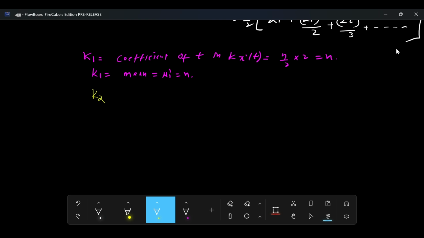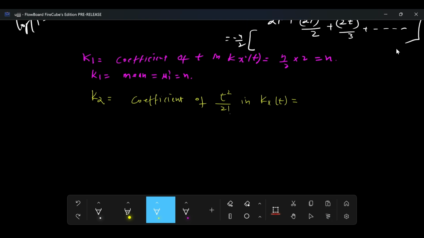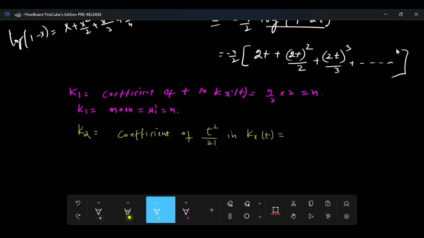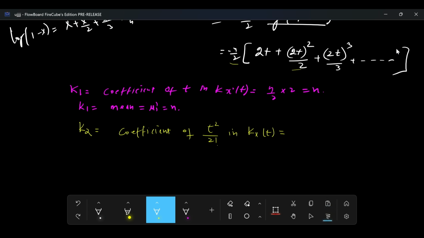Then what is k2? k2 is the coefficient of t square upon 2 factorial in K chi square t. So this is my t square. इसके साथ और क्या क्या है, ये 2 कैंसल आउट, यहां हम ऐसे करेंगे, 2 2 are 4, और simply we can write this as n by 2 into 4 by 2 into 2 factorial, 2 factorial इसके साथ आएगा.